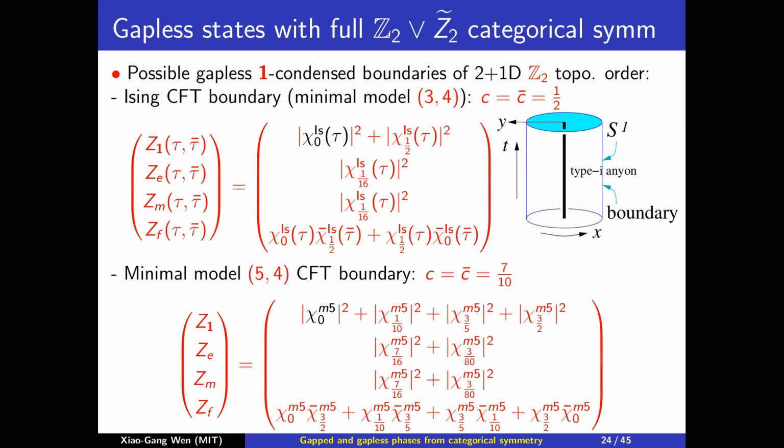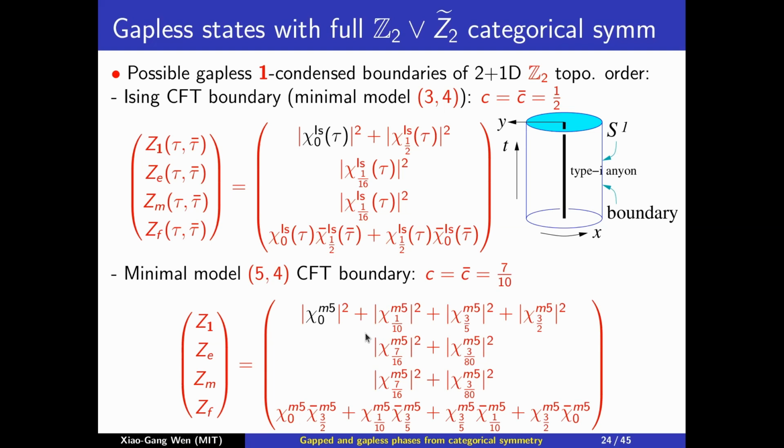Yeah. So here, is it possible to show that the Ising is minimal? You mentioned that for condensing like this one. Yeah, it should be a minimal one. Yeah, the Ising is a minimal one condensed boundary. The Ising is a minimal one boundary, but it's a 5-4 minimal model. It's not a minimal one condensed boundary.